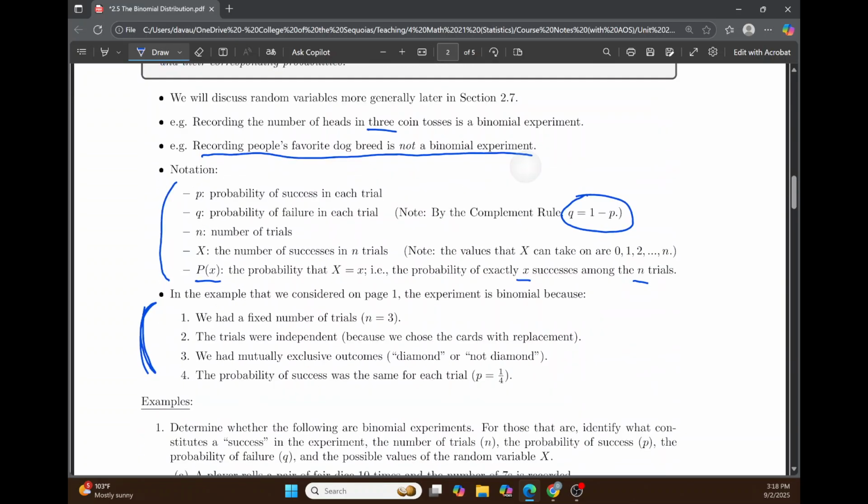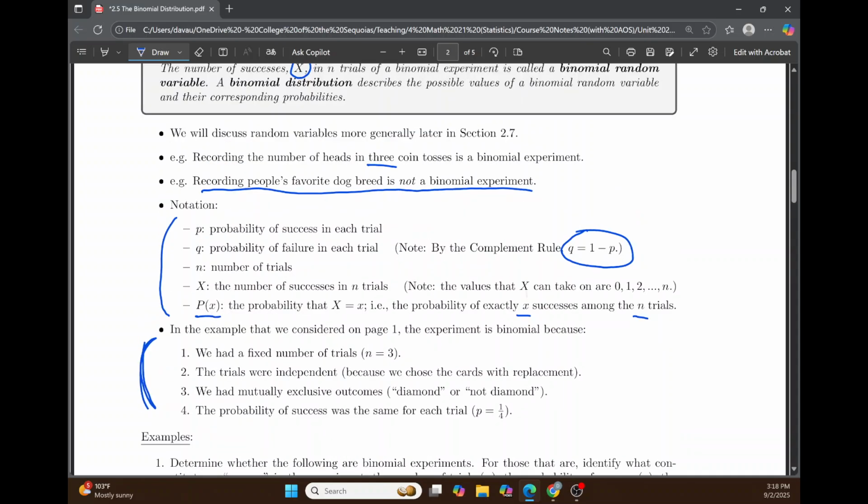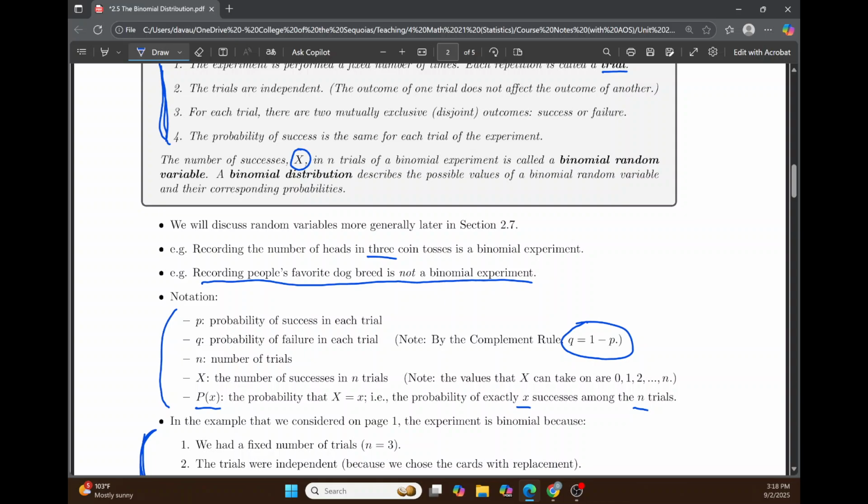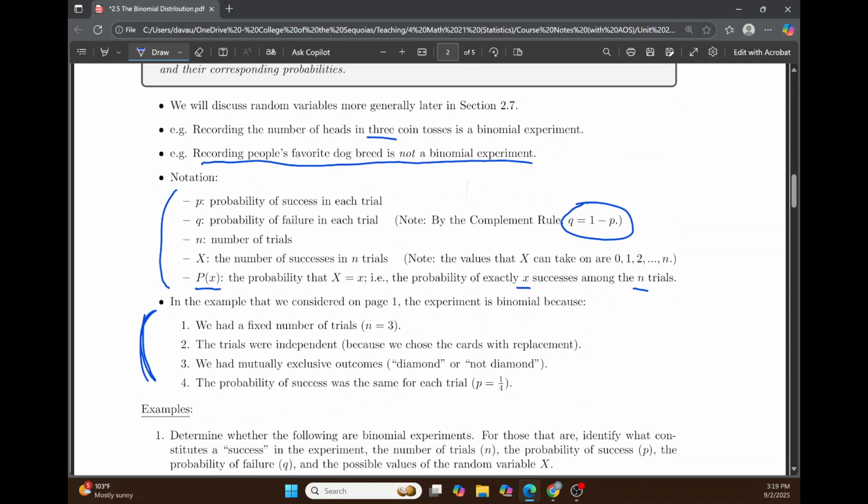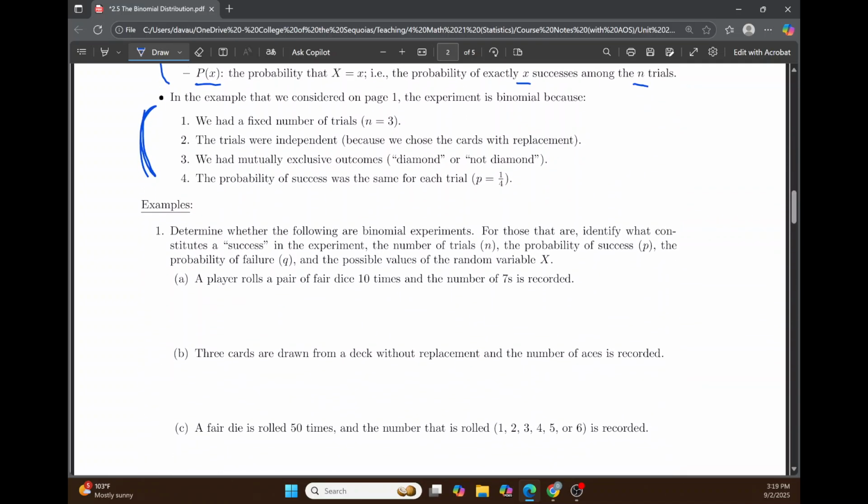The trials are independent. Every time you roll the dice, the probability of rolling a 7 is the same. Number 3, there are 2 mutually exclusive outcomes. Again, yes, either you roll a 7 or you don't. So we have success, which is rolling a 7, or failure, which is rolling everything else. And the probability of success is going to be the same for each trial. So I would say, yes, this is binomial.